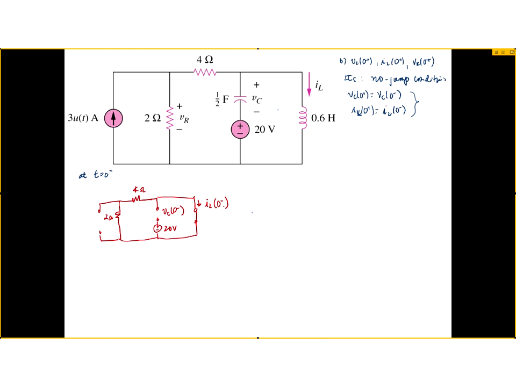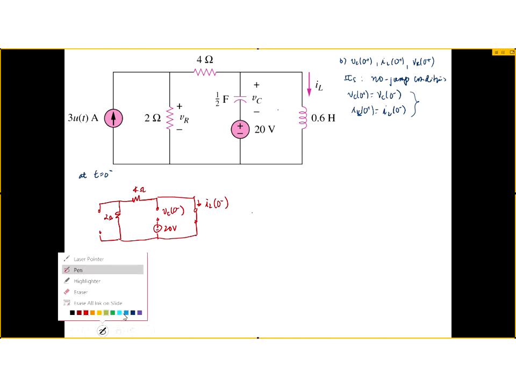I don't even bother solving for VR at 0 minus, even though I know the problem is asking me to find VR 0 plus, because that value of VR 0 minus will not have a direct effect on the value of VR 0 plus, because it's going to jump. So the only variables I label here, intentionally, are the variables I know are not going to jump. So help me find those two variables.